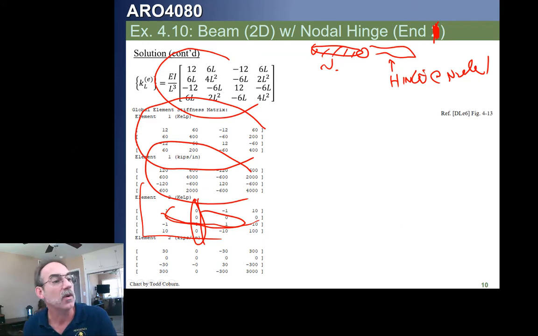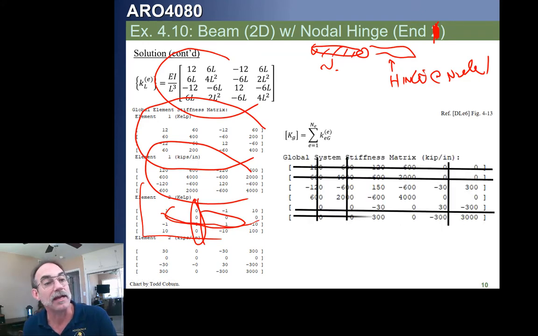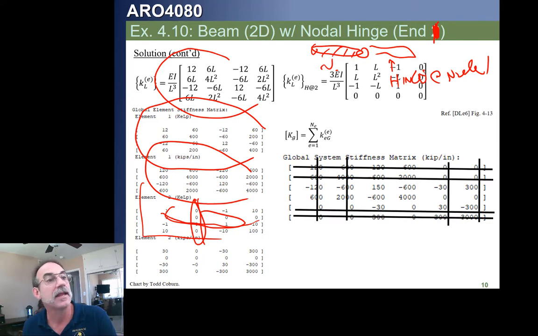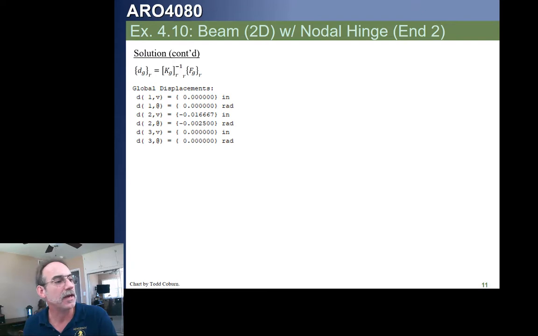Okay, so we are now going to construct our global stiffness matrix and pose our boundary conditions in the same manner, and then we can solve our system of equations. Once again, we have a typo right here. Let's fix that. This is node 1 of element 2.